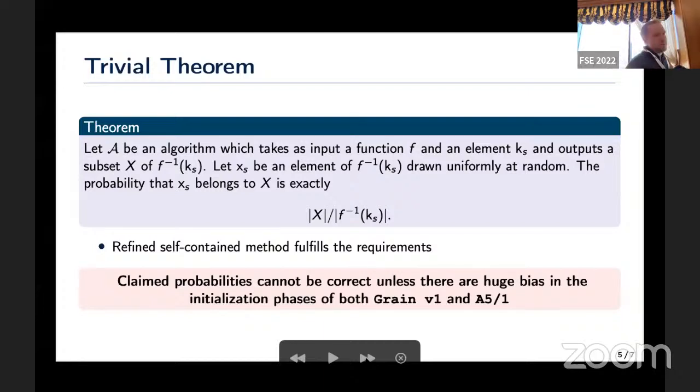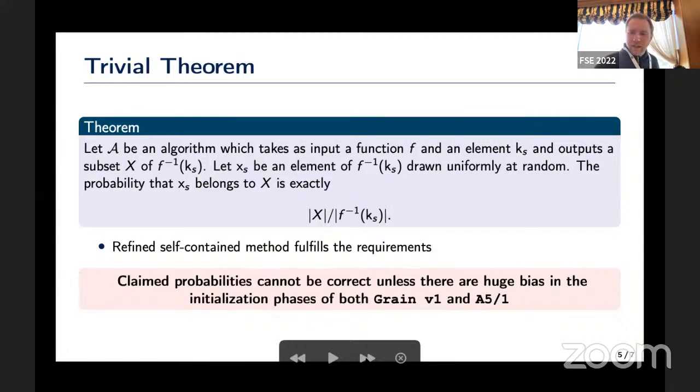So the only possibility for the results of the fast near collision attacks to be true is if we cannot draw uniformly at random an element of the pre-image. It means that there is a bias or distinguisher on the initialization phases of both Grain v1 and A5/1.